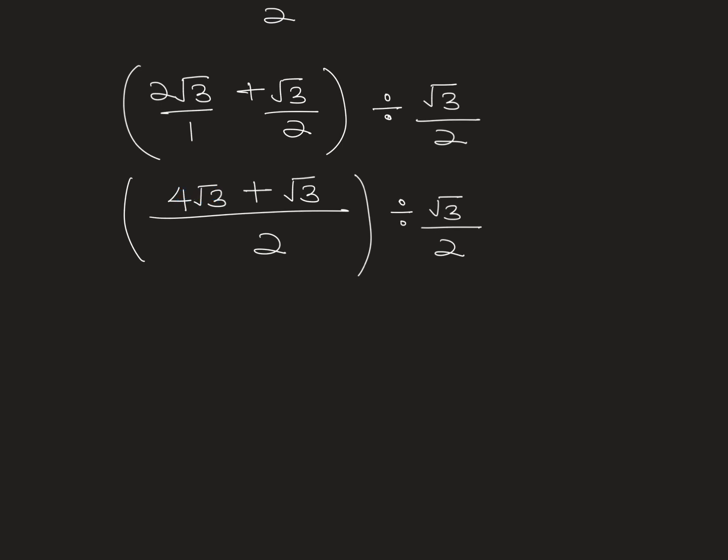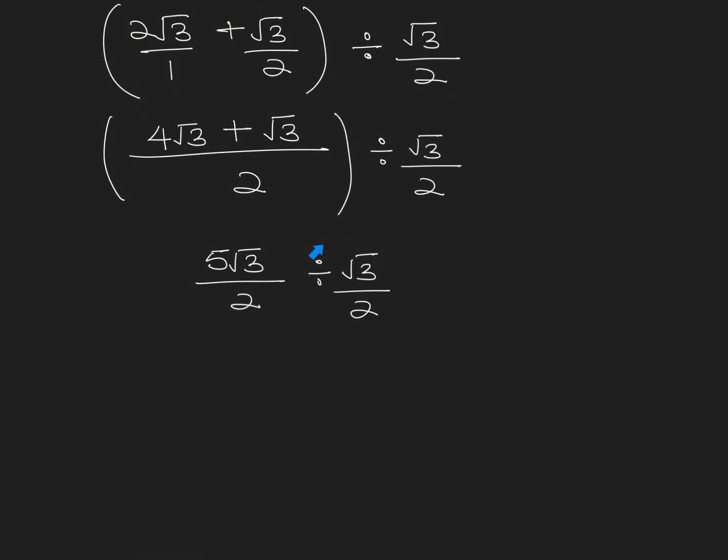4 root 3 plus root 3 gives 5 root 3 over 2, divided by root 3 over 2. So what we can do now is replace this division sign with a multiplication sign, and by doing so, we have to invert these values.